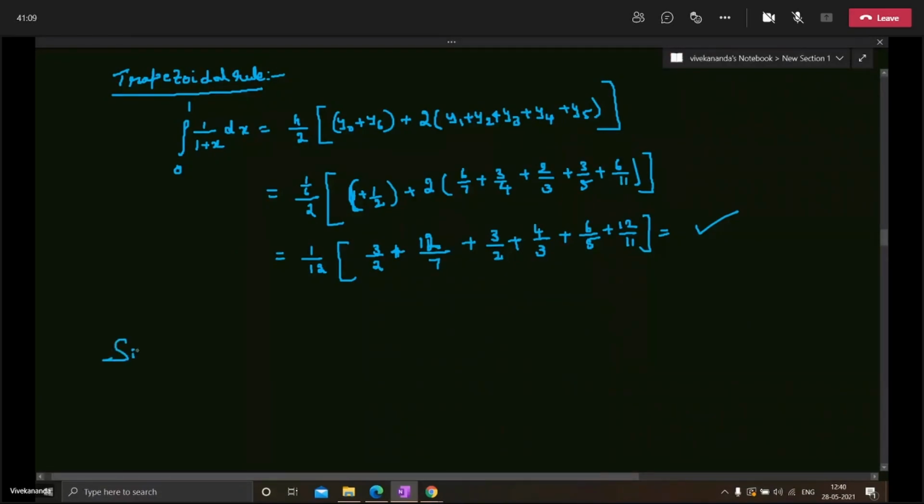Next, Simpson's rule, or Simpson's 1/3 rule.